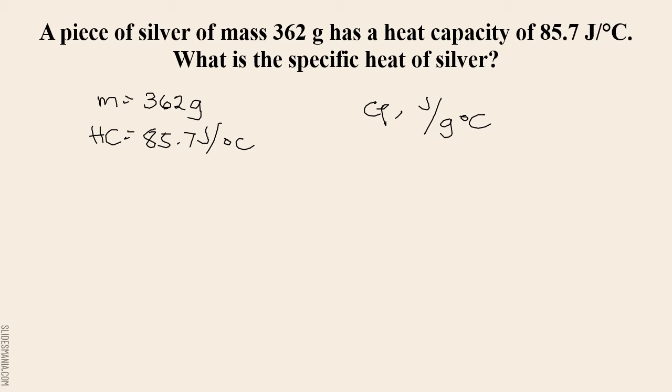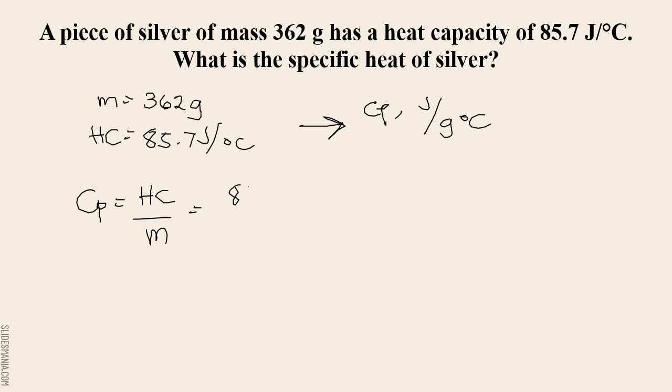So how will we calculate for this? There is actually a very easy way to get this value. It's simply dividing your heat capacity by its mass, because looking at the units of your heat capacity, your mass, and our required unit, this is the only procedure that we have to do.